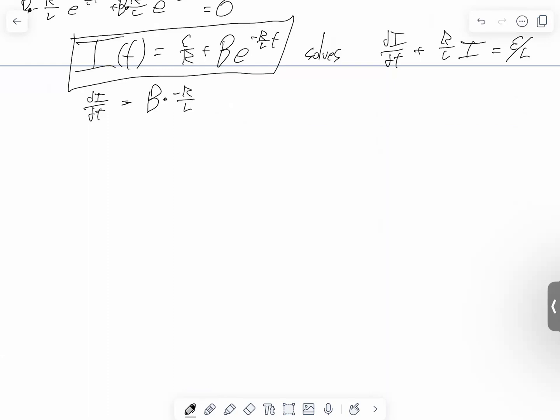I'm going to write it in terms that I think of it: taking the derivative of E over R dies, taking the derivative of the constant multiple pulled out front times E to the negative R over L T, the derivative of an E is the E times the derivative of the upstairs. I think what you said is every term of this, yeah? Okay, plugging that into that, what do you get?